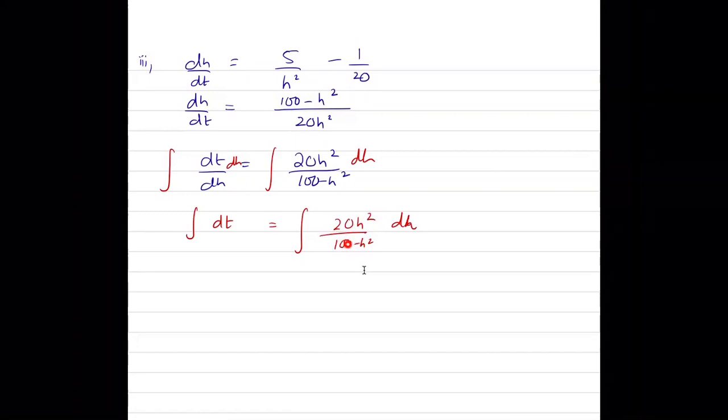You cannot integrate this directly. So you are going to convert this into the partial fractions which were given to you in the form of an identity. So 20h square upon 100 minus h square can be written as minus 20 plus 2000 upon 10 minus h times 10 plus h.